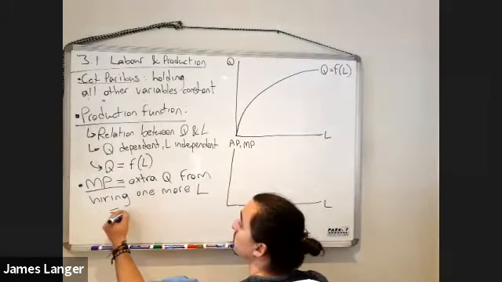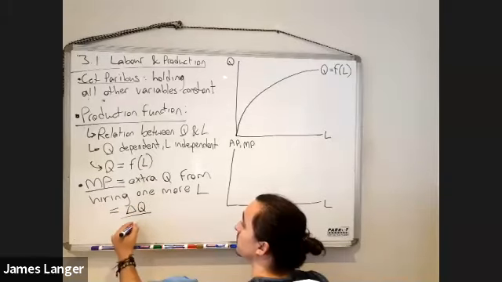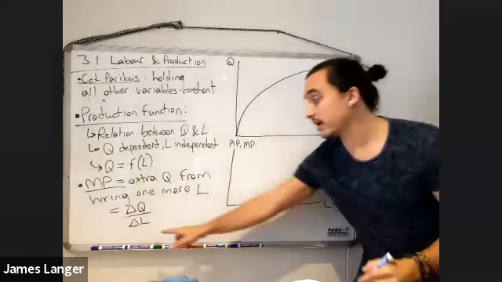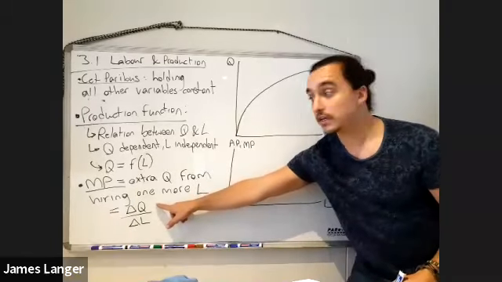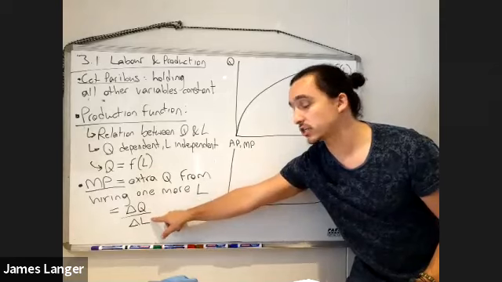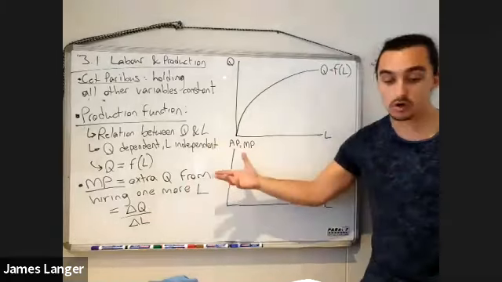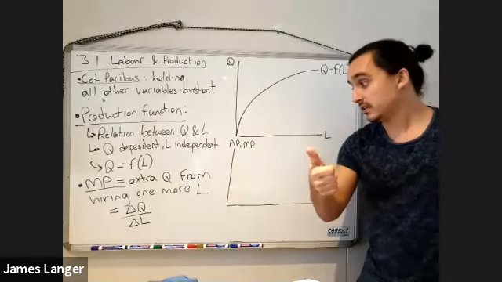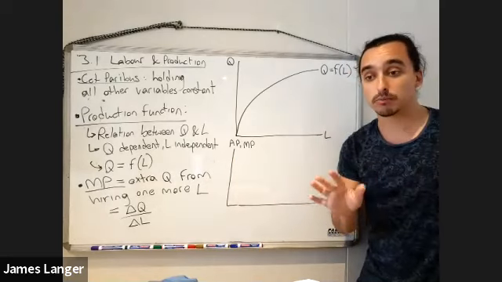So numerically, what is that going to be? It's going to be equal to the change in Q divided by the change in labor. If I hire more labor and I get some more output, then I'm going to look at the change in quantity and divide it by the change in labor, and I'm going to know what my marginal product is. Does everyone understand this basic definition of marginal product?